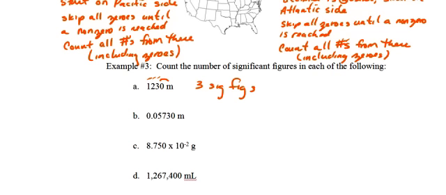In letter B here, you have a decimal present. So you start on the Pacific side, which is the left-hand side, and then skip over all zeros. Skip, skip, and as soon as you hit a non-zero number, the 5, you count the rest. 1, 2, 3, 4, including the 0. So this has 4 sig figs.